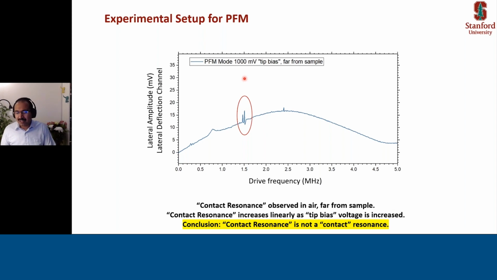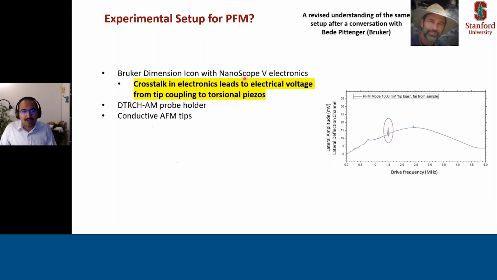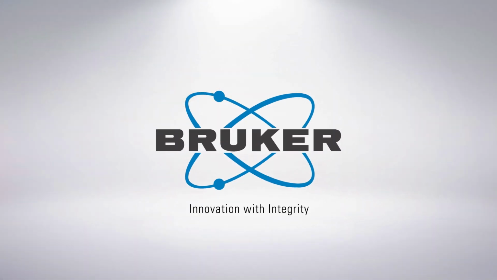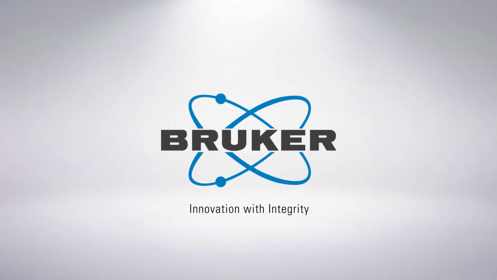That was something very striking as well, because if you're just applying a bias to a tip that is in air, why should the resonance amplitude increase if it is purely from contact? And that really made us think that this is not a resonance coming from contact, and we should stop calling it contact resonance. And we started discussing with Bede, hey, we are seeing these results. Could you also take a look?